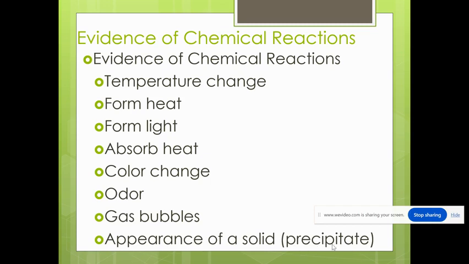And then appearance of a precipitate. You guys did that. You made silver chloride back at the beginning of the year where you had the filter paper. You put it underneath the hood. You came back. It looked like this colored lavender thing. Remember that? Okay. So those are all indicators of chemical change.